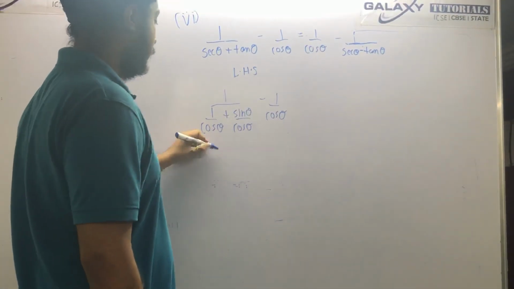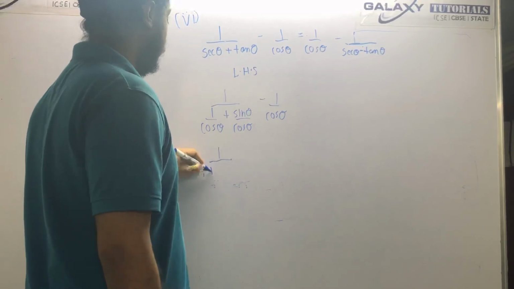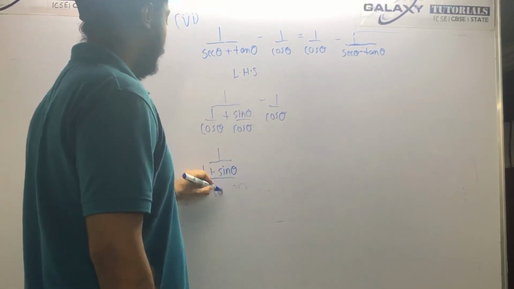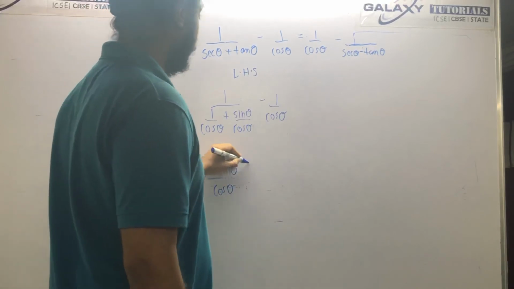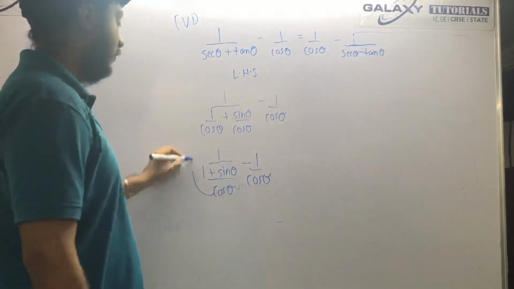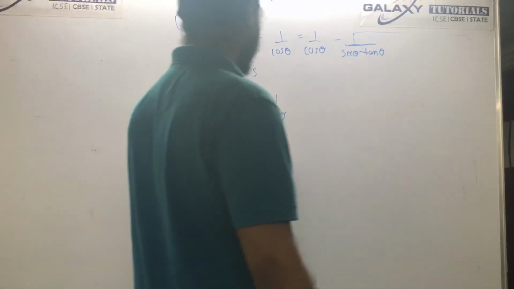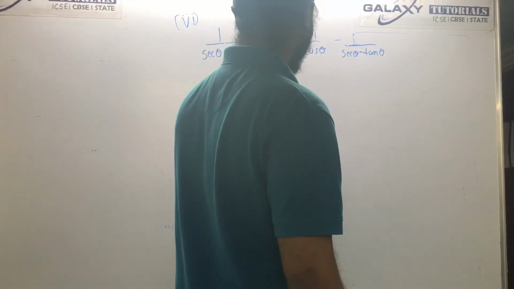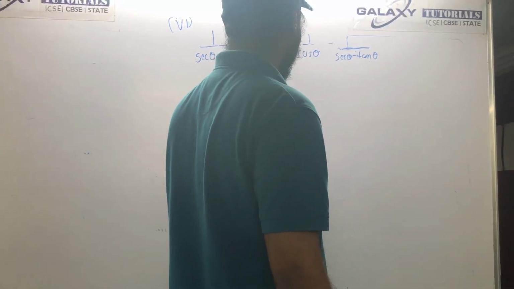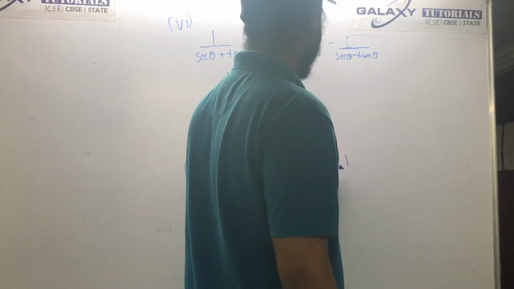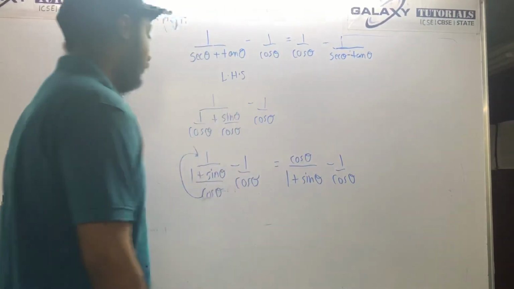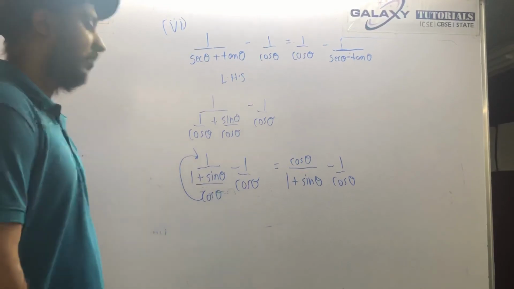Yes, see, first of all I will write the LCM is cos theta, right? So 1 upon sine theta plus cos theta upon cos theta minus 1 upon cos theta. Now this cos theta will go on the top. So cos theta upon 1 plus sine theta minus 1 upon cos theta.